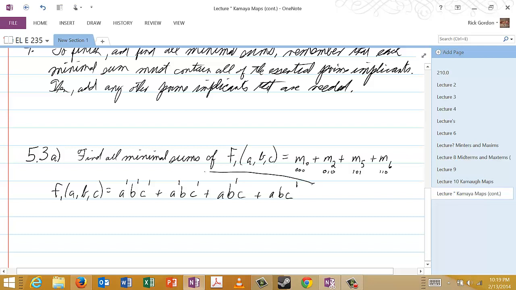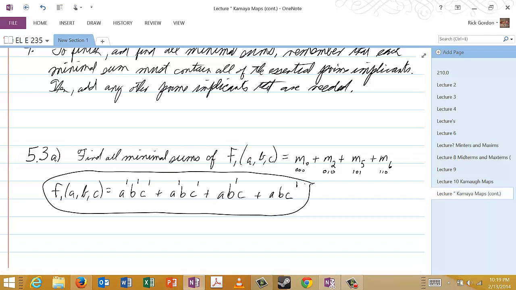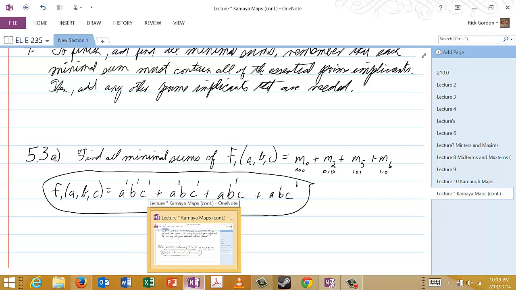So this is the function f in algebraic notation, and we say that this has 12 literals because we have 3 variables in each of the 4 terms, and so 12 literal appearances of the variables.